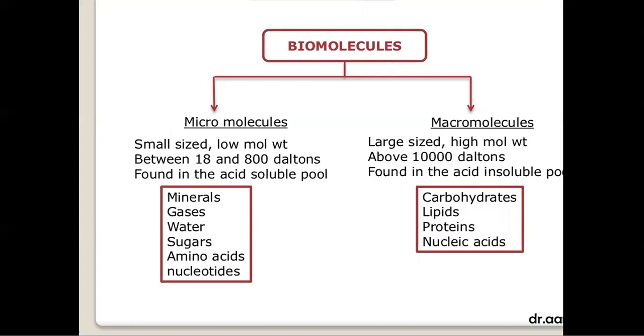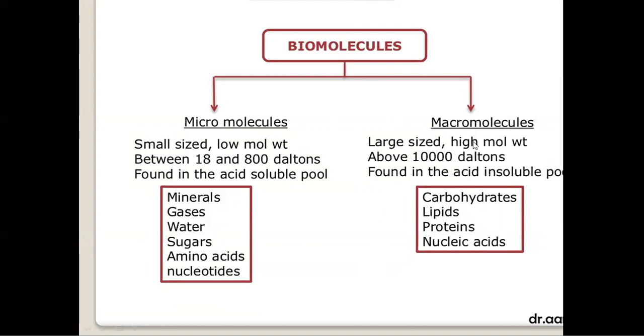Biomolecules can also be divided into two types based on size and molecular weight. The first type is micromolecules and the second is macromolecules. Micromolecules are smaller in size and have low molecular weight, that is 18 to 800 Dalton units.